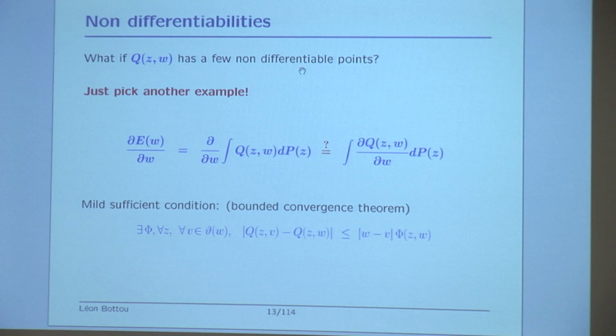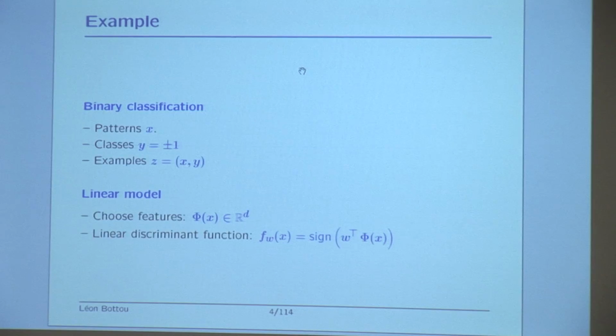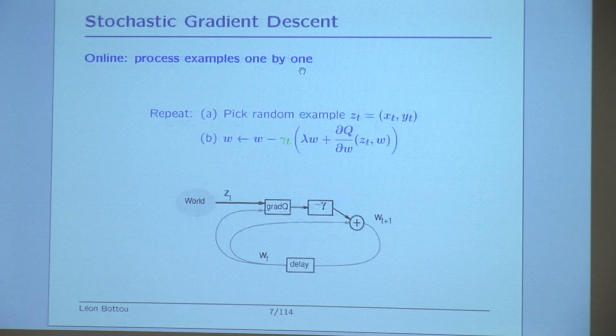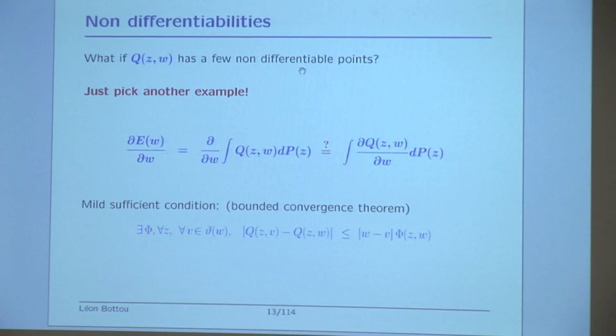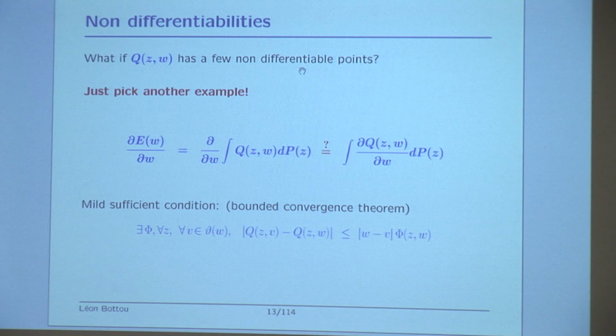Now, let's look at the case where the loss function is not differentiable. If I go back to my algorithm at the beginning, I take a derivative here. I'm going too fast. So if at some point I draw a point Z, and this Q is not differentiable, what's the big deal? I can just draw another example. Now, when is it going to work?